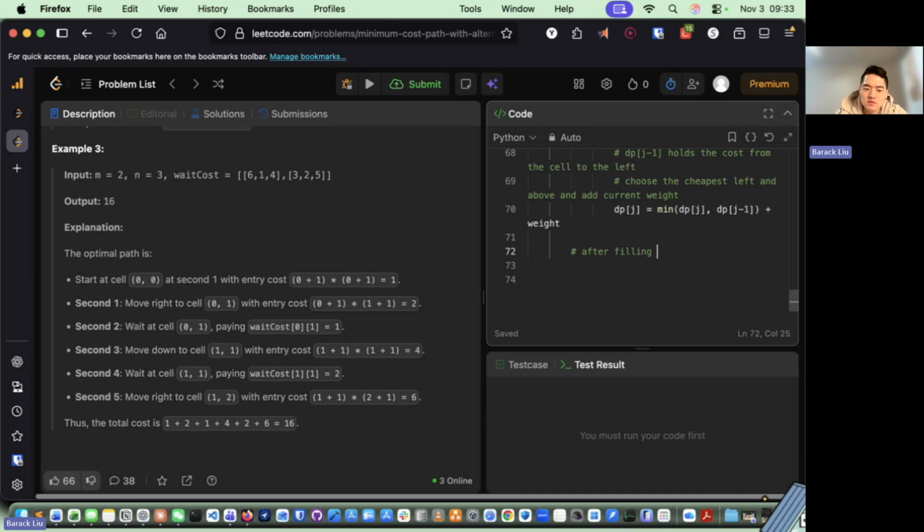So after we fill in the dynamic programming, dp[n minus 1] holds the minimum total cost to reach the destination. Right. So what we return is dp[n minus 1].